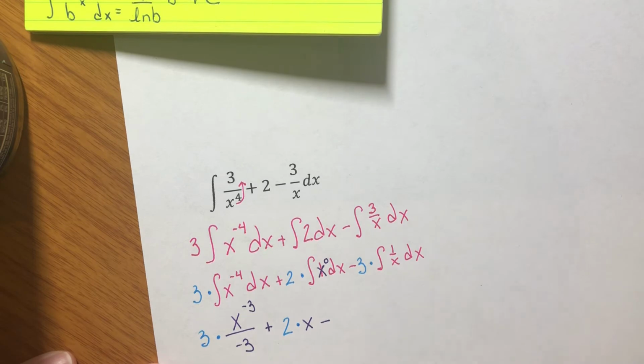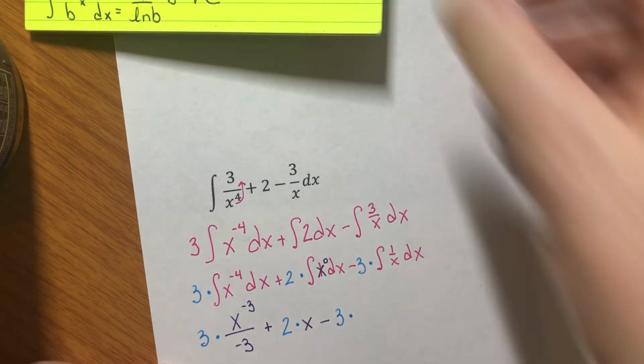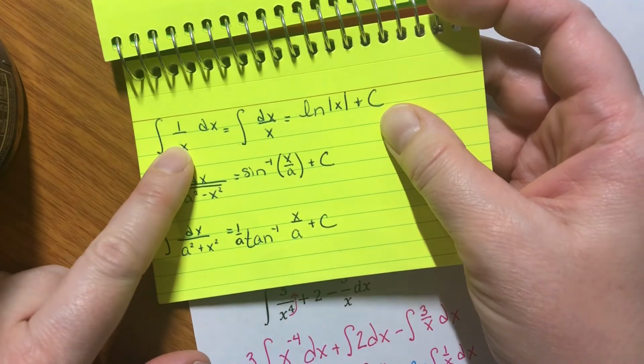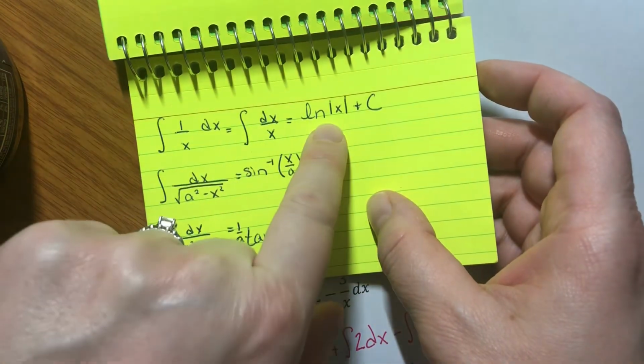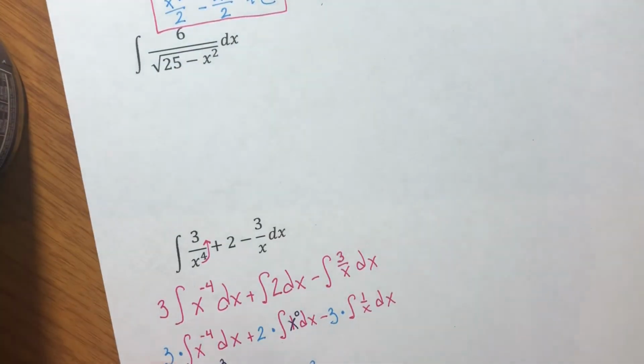Okay, minus, keep my 3 out. But now the integral of 1 over x, that looks like this one right here, which gives us an ln of x. So using that idea, I will now have ln of x.